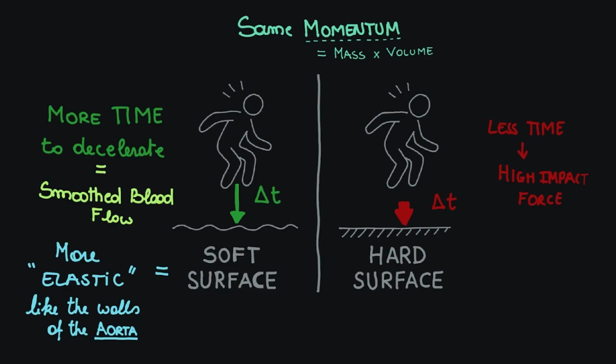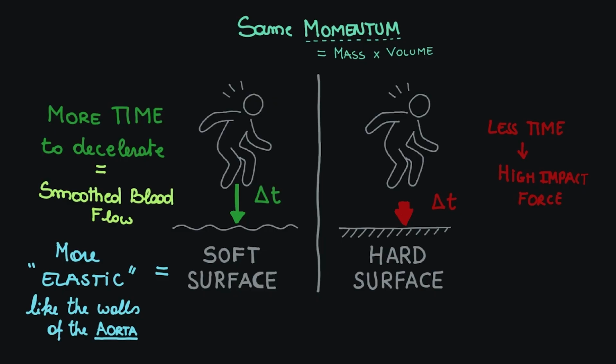Here's an analogous physical principle to understand better how the aorta slows down and smooths out the blood flow. Imagine leaping and landing upon two different surfaces. On a rigid surface, deceleration is nearly instantaneous, generating a high impact force. On a softer surface, deceleration unfolds over a longer interval, so you have more time.